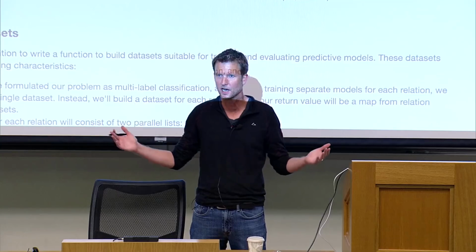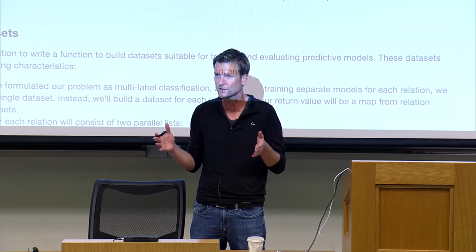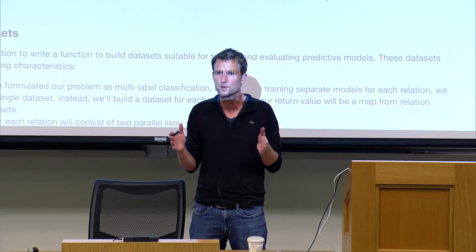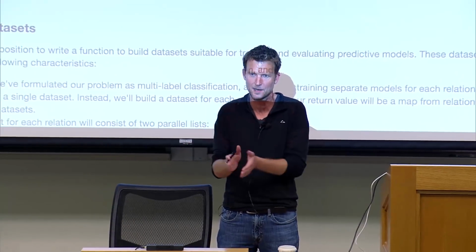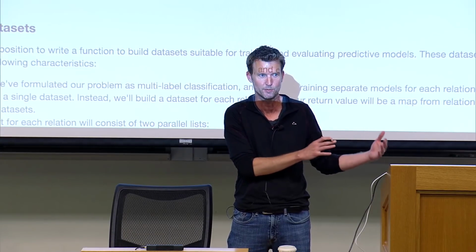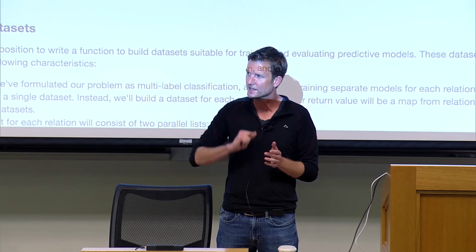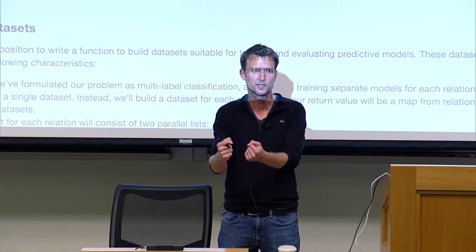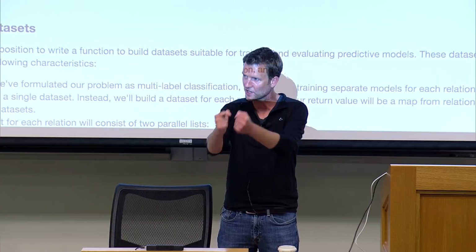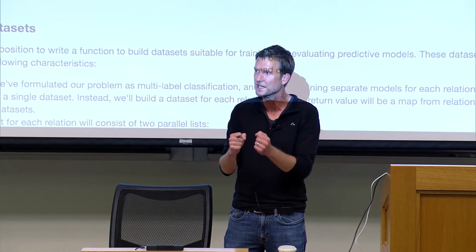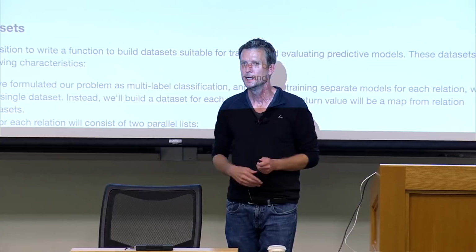So in this case, we have 16 relations, right? So what we're going to do is just factor it into 16 separate binary classification problems. For each relation, we're going to try to predict, does this entity pair belong to the relation or not? It's just a binary classification for each of the 16 relations.